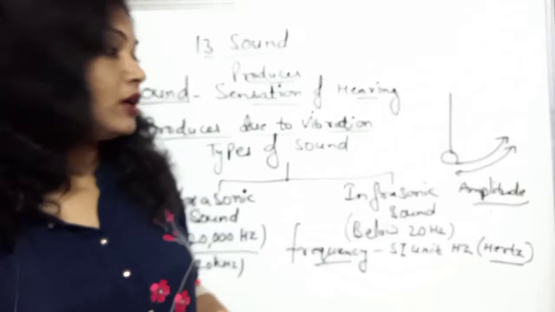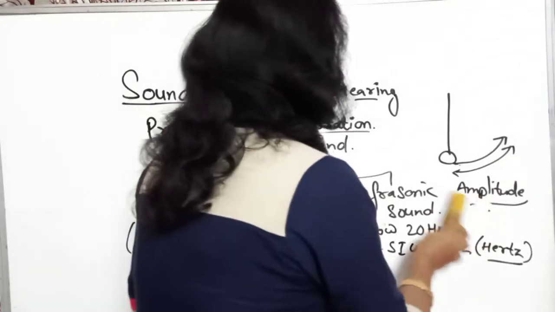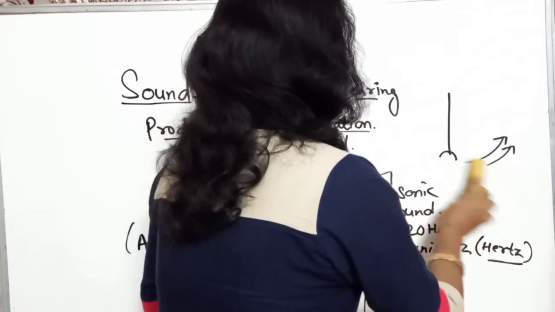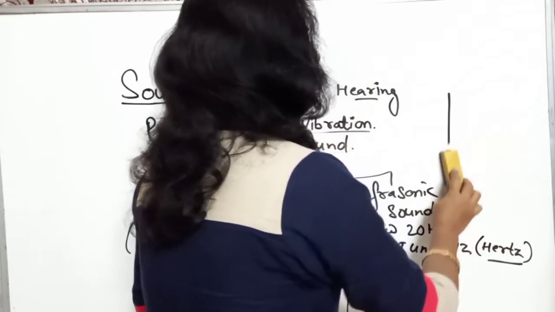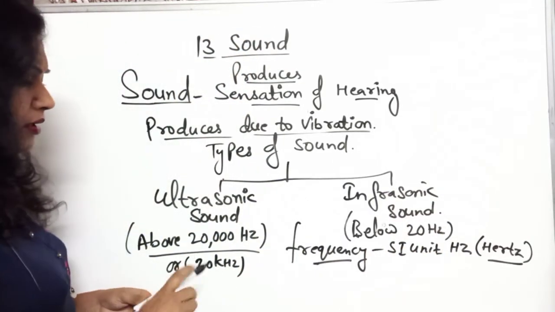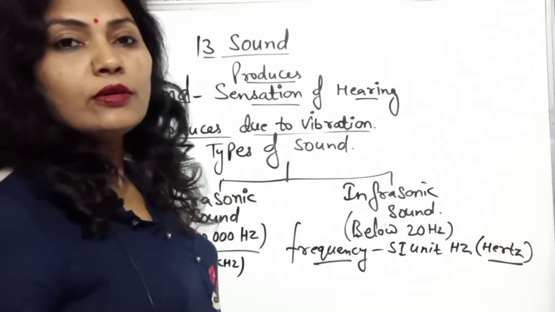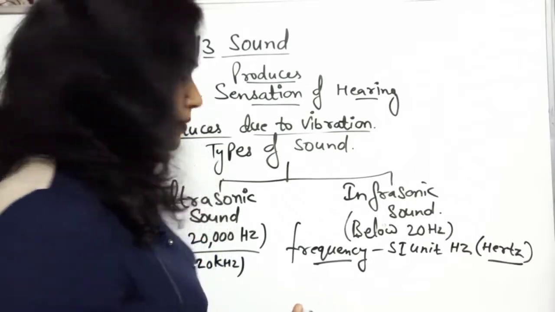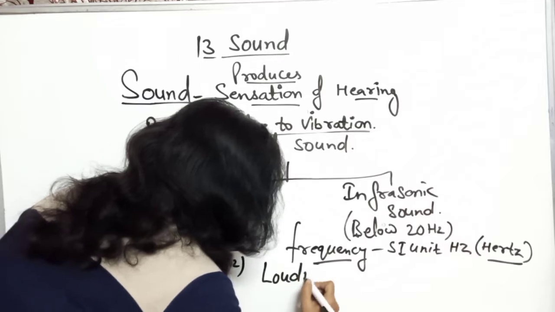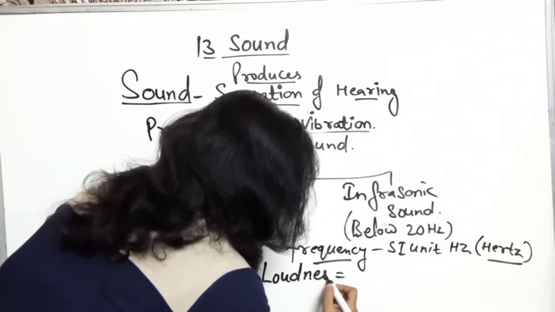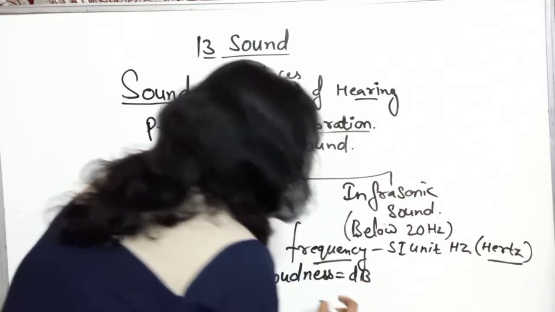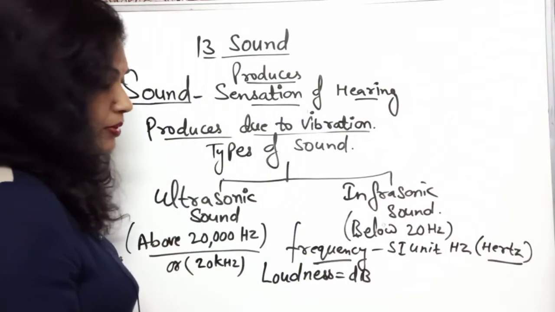Okay, now you know what is the measuring unit of loudness. The SI unit of loudness is the decibel. Loudness is measured in the unit written as small d and capital B, just remember it.